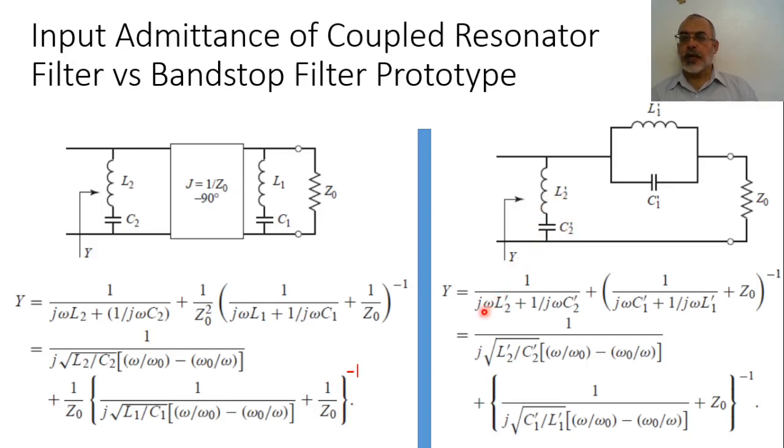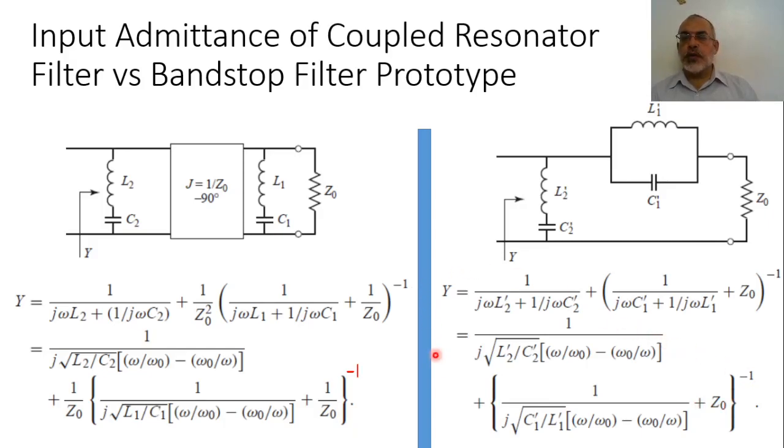So we can arrange this equation as j square root of L2 dash over C2 dash multiplied by omega over omega naught minus omega naught over omega, plus 1 over j square root of C1 dash over L1 dash times omega over omega naught minus omega naught over omega, plus Z naught, to the power minus 1.